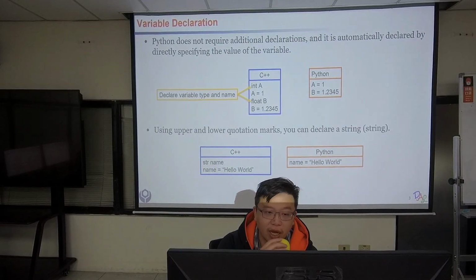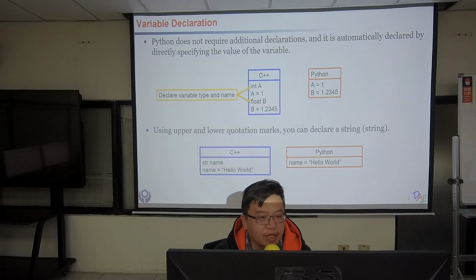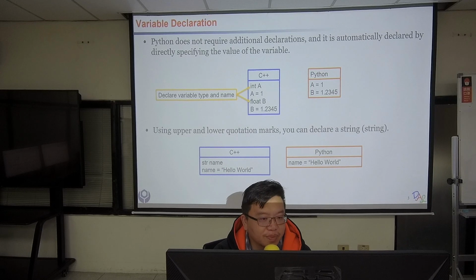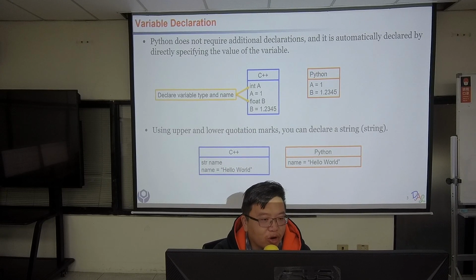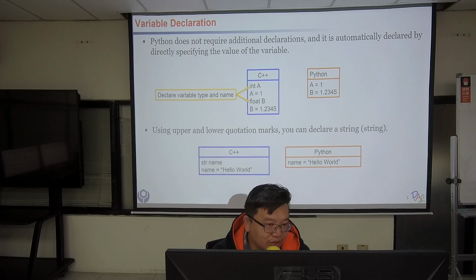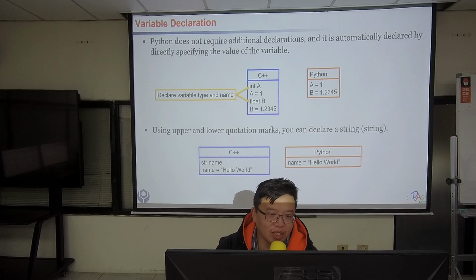So today you need to understand in C++, when you define a variable, before you use it, you need to define what kind of variable, the variable type. Okay, so one example is right here.